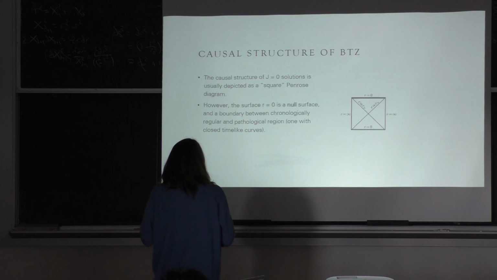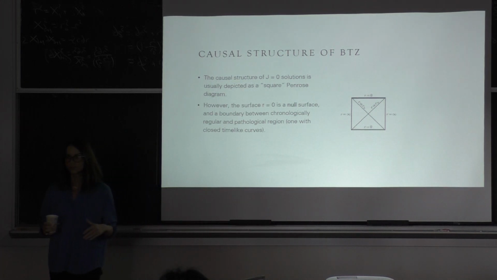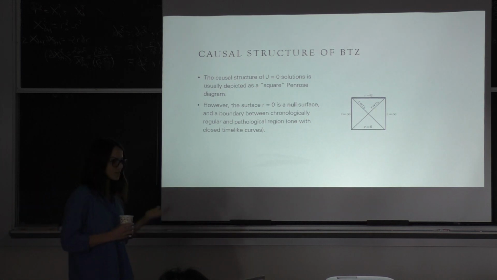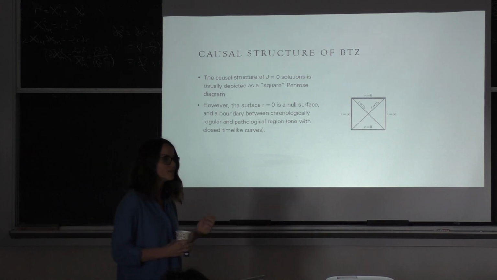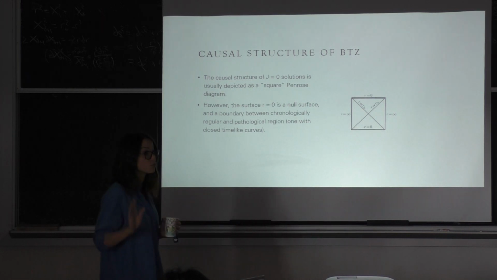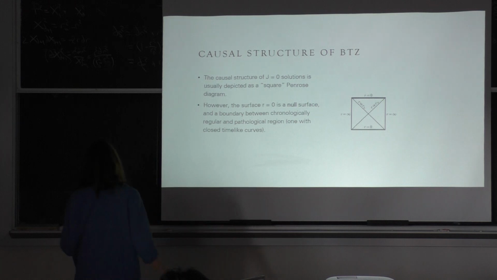However, note that this r equals 0 surface, even though it looks space-like here, is actually a null surface. When I used to give this talk, people were kind of surprised by this statement, so I'm going to show a little derivation to see why this is. This is the usual way that it's represented, and it's not wrong, but we will see why it's a little bit misleading.